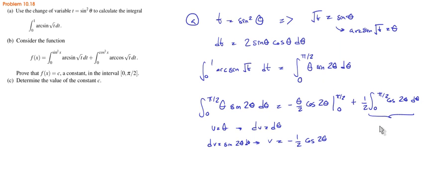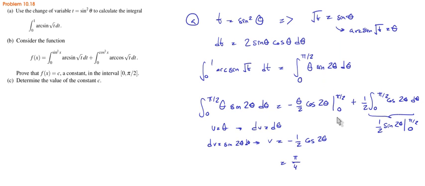Now this is going to be 1/2 of the sine of 2 theta between pi halves and 0. So when theta is pi over 2, this is the cosine of pi, which is minus 1, times minus, so this is pi over 4.